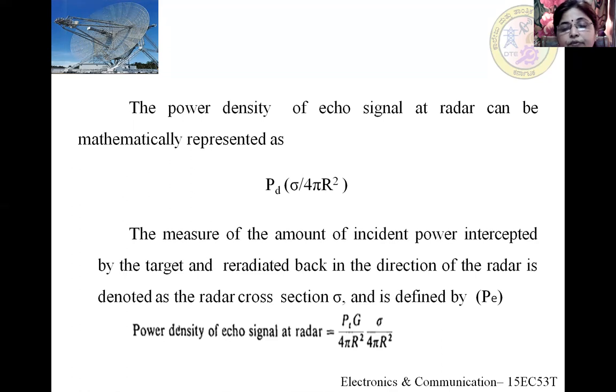So PE is equal to PT G divided by 4 pi r square into sigma divided by 4 pi r square, where PT is the transmitted power, G is the gain, sigma is the cross-sectional area of the target, and R is the range.